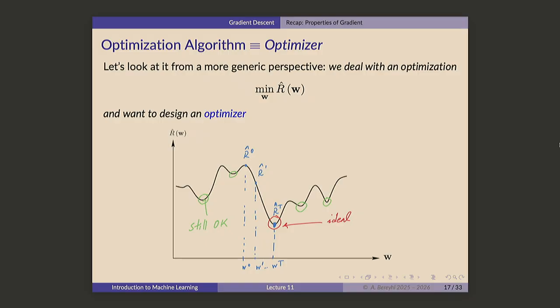But in practice, your loss surface could be very crazy. This is the one-dimensional case, but in general, when you think about the loss surface, you should go to a very high dimension. So W, your weights, is large. Even if you think about a linear classifier, what is the size? It depends on your features.